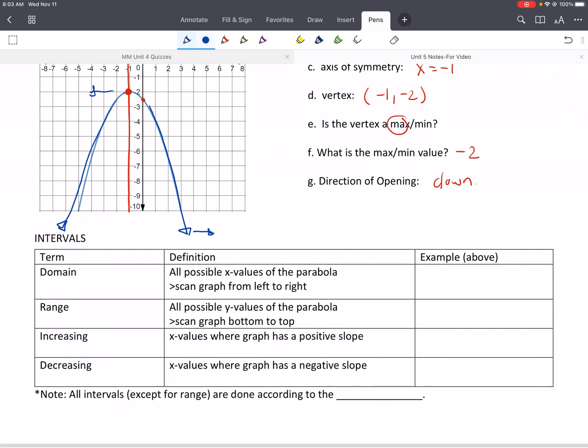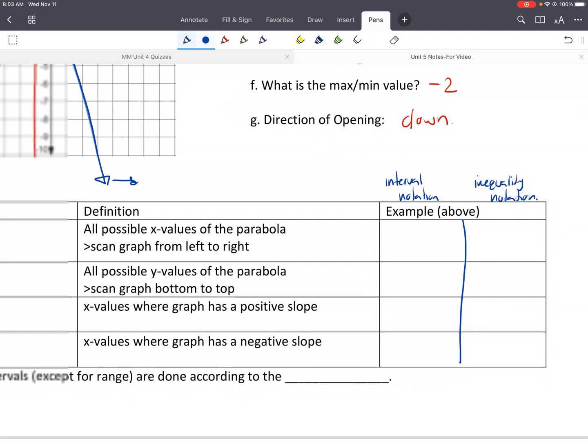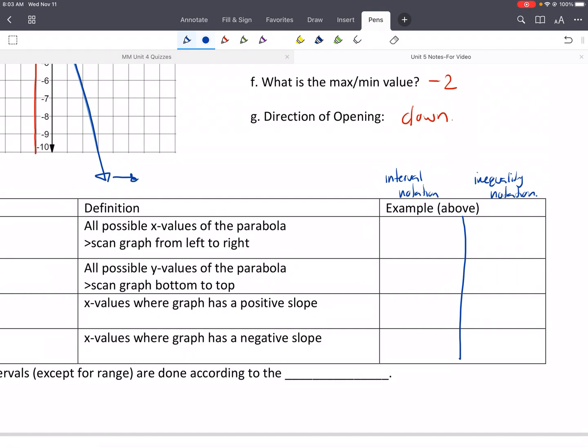So we can write this in two different ways. We can write it as interval notation and inequality notation. If we're going to use interval notation, we'll be using things like parentheses or brackets, and we'll talk about when we use which.